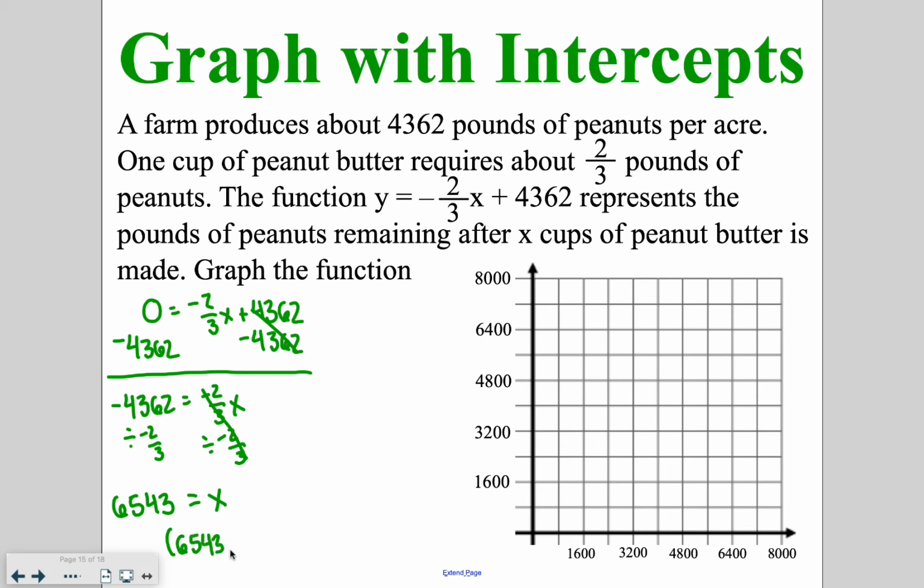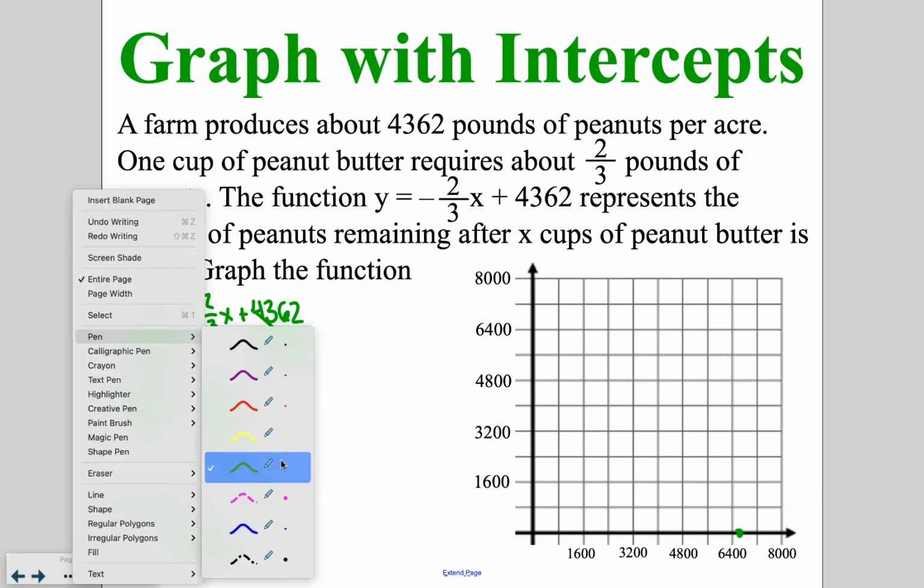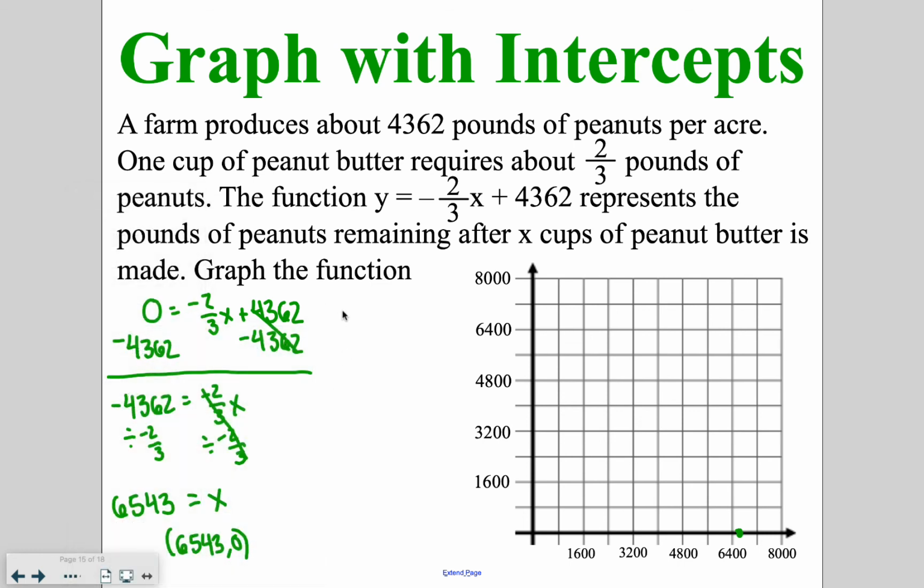So my x-intercept is (6,543, 0). Now as I come over to my graph, it looks like we're counting by 800s here, 6,400, and I need about 100 more, so I'm just past that original 6,400 mark. Then I'm going to go back in and I'm going to solve for my y now. So I'm going to leave y, put the 0 in for the x, and I still have plus 4,362.